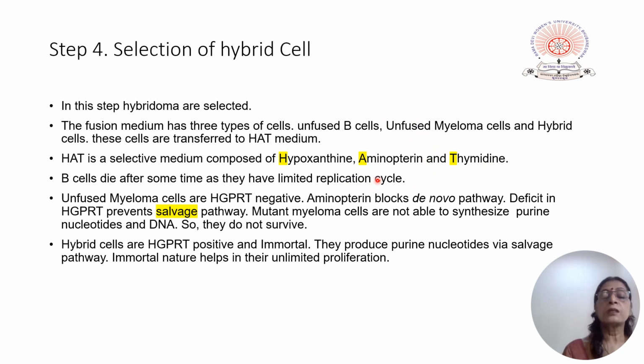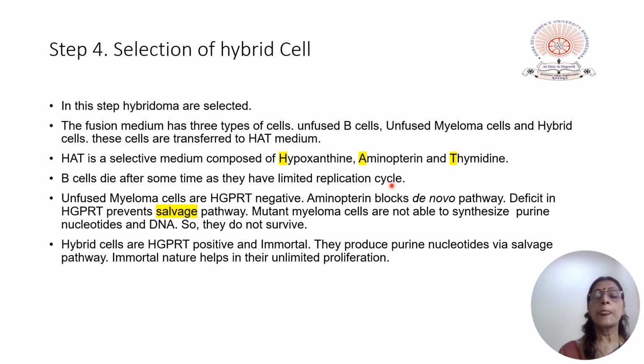Aminopterin blocks the de novo pathway, so the cells which cannot carry out the salvage pathway will not survive in the HAT medium. So in our procedure, there are two types of cells, the myeloma cells and the plasma cells.